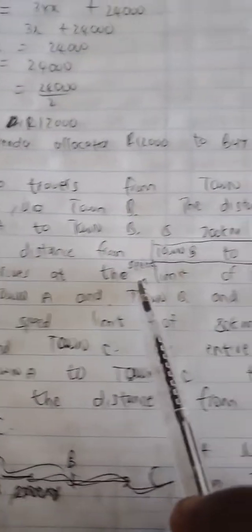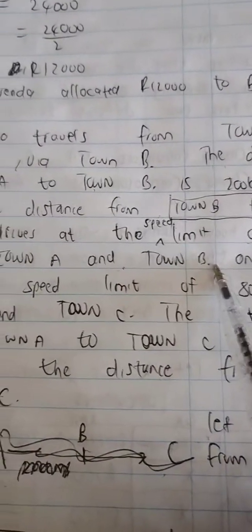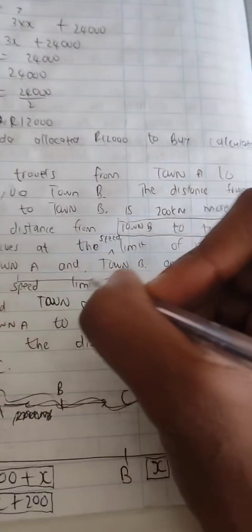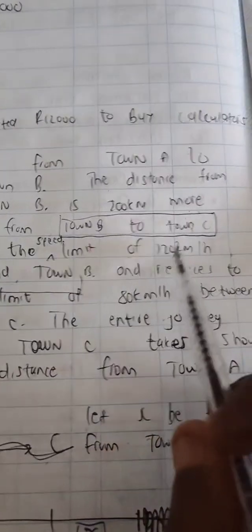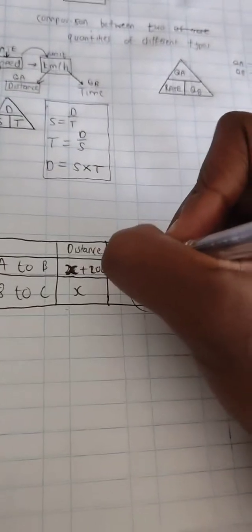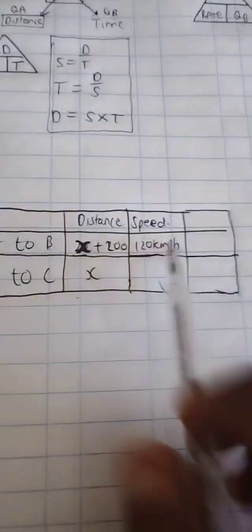Katlego drives at the speed limit of 120 kilometers per hour between town A and town B. This is specific: town A to town B, Katlego is cruising at 120 kilometers per hour. So where do we put the speed there? 120 kilometers per hour. That's our rate.